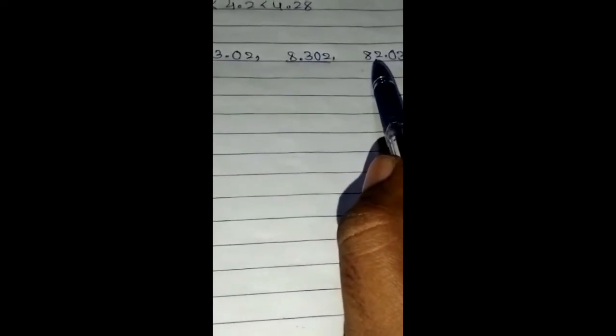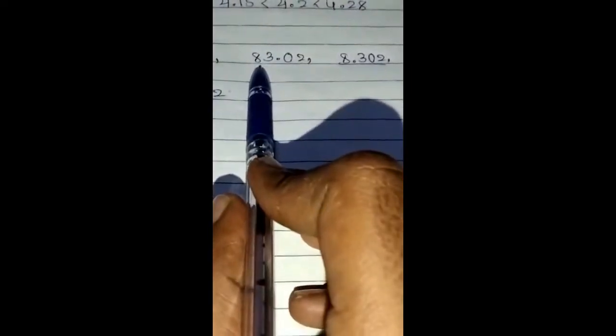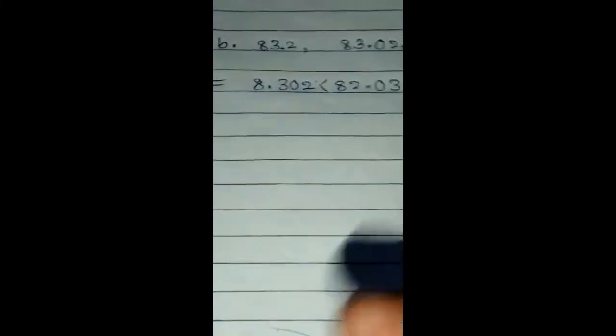Next, the first one is 83, the second one is 83, and the fourth one is 82. These two are 83, and this one is one number less than these two numbers. So write here this is less than 82.03, and it is less than. So students, here remain only two numbers, 83.2 and 83.02.